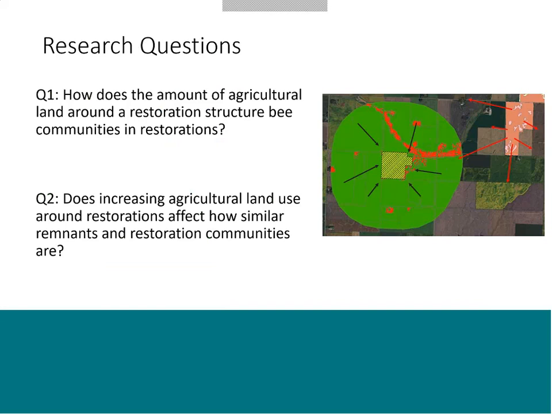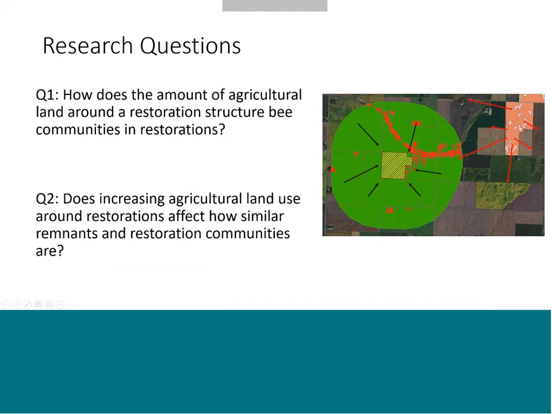To lay them out succinctly, question one is essentially: focusing just on this one type of landscape cover, how does the amount of agriculture surrounding a site affect the bee community within a restoration? I depicted this right here in this picture.